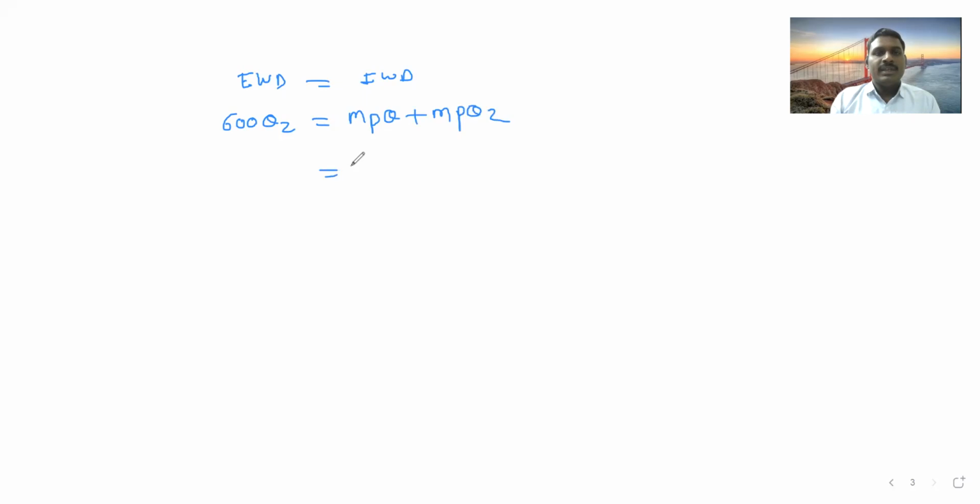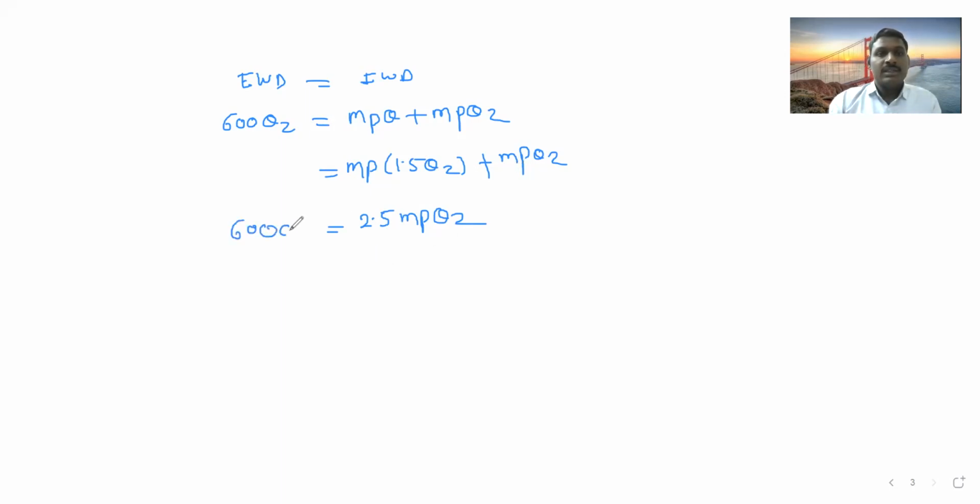Now put the value of theta here. So MP into 1.5 theta 2 plus MP theta 2. So it will be 2.5, correct? This 1.5 plus this 1 is 2.5.